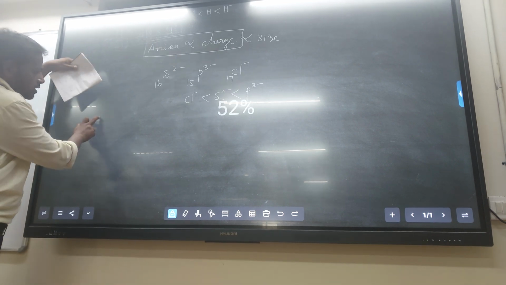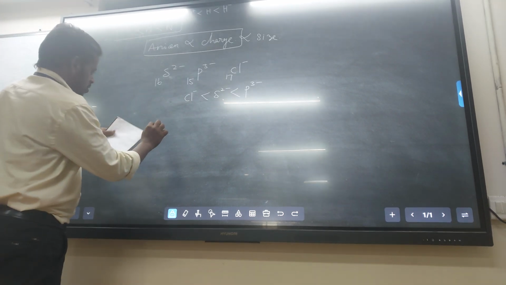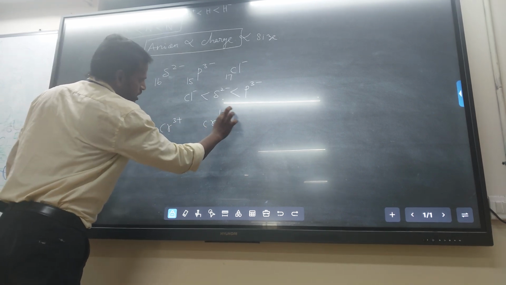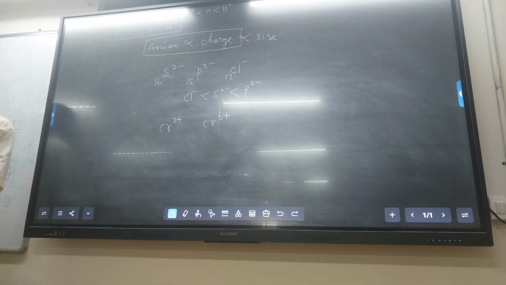Similarly, the others: chromium 3 plus and chromium 6 plus. Here the charge is different in the same ion. So what is the concept? Charge minimum means more radius, charge maximum means less radius, because this is a cation.